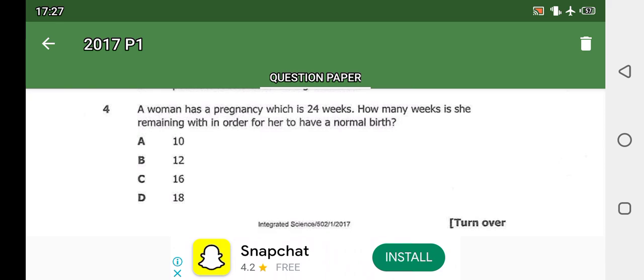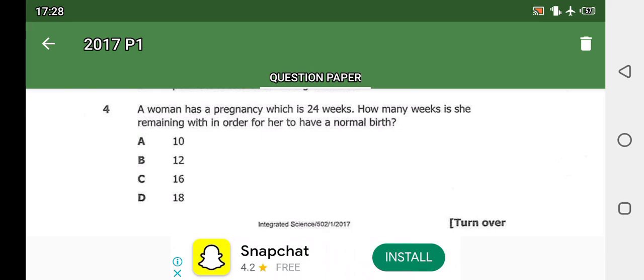Gestation period is the period after fertilization until the birth delivery. Gestation period is around 9 months, but in weeks it is 40 weeks.